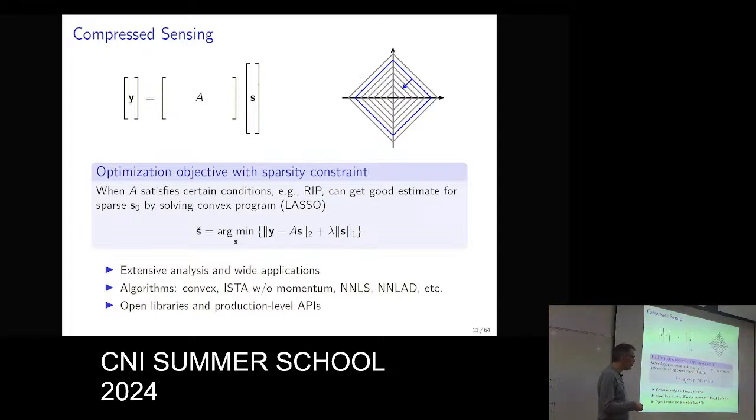For instance, you could have a non-negative least squares or a non-negative least absolute deviation version. And then recently there was a paper a few years ago by Donoho telling you how to pick the lambda. And these algorithms have been API'd out extensively. So if you want to use them as a pedagogical tool and play with them, it's very easy.